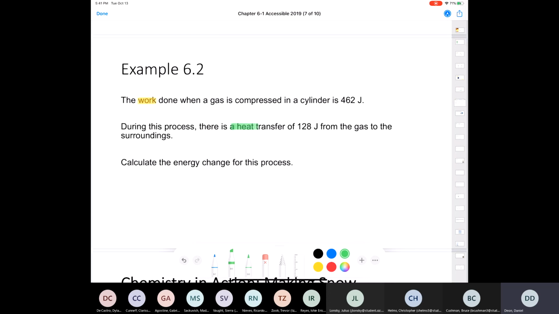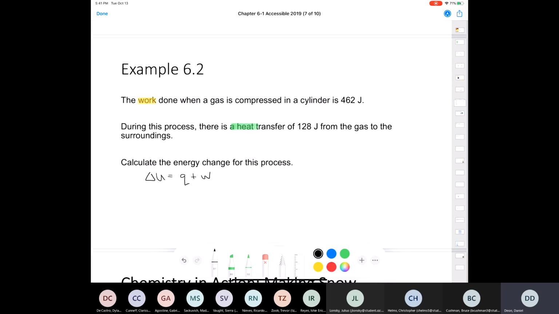Calculate the change in energy. For this problem, we're going to use this formula. The change in energy is equal to heat plus work. Now, the only problem here is discerning what the signs are going to be for our work and for our heat.